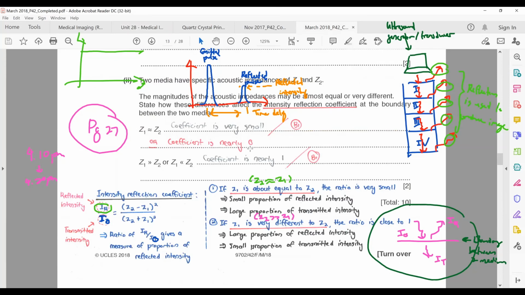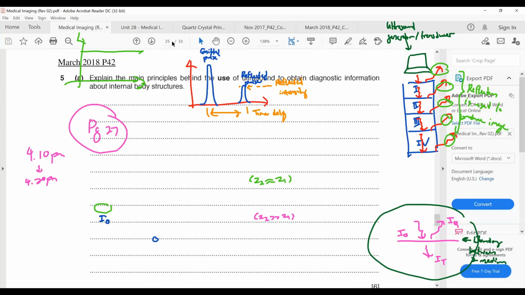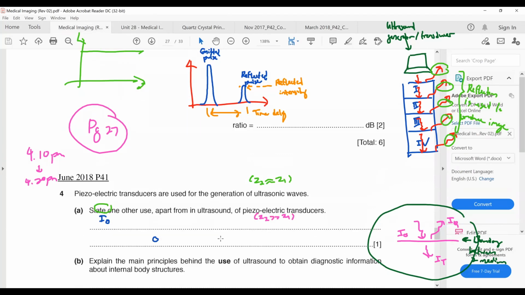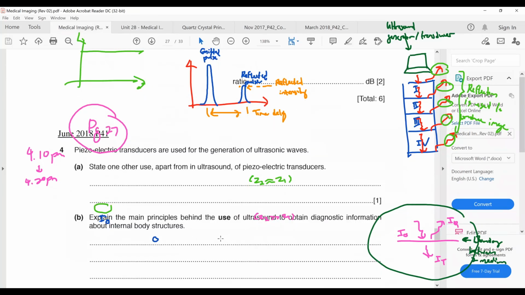So if nothing else, have a look at page 27, page 27 of your worksheet. This one should be something else. This one is June 18, P41.